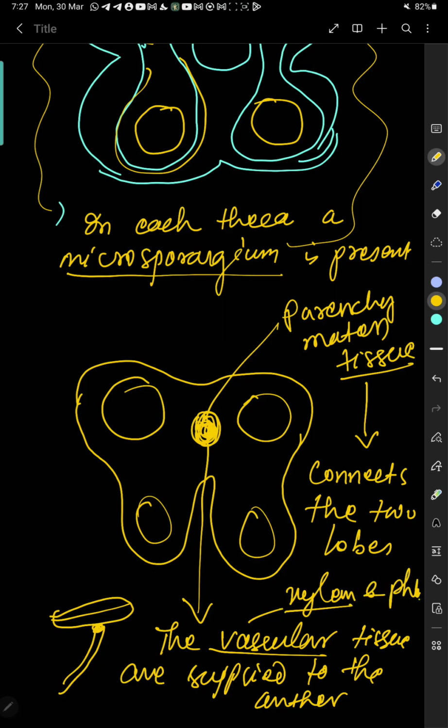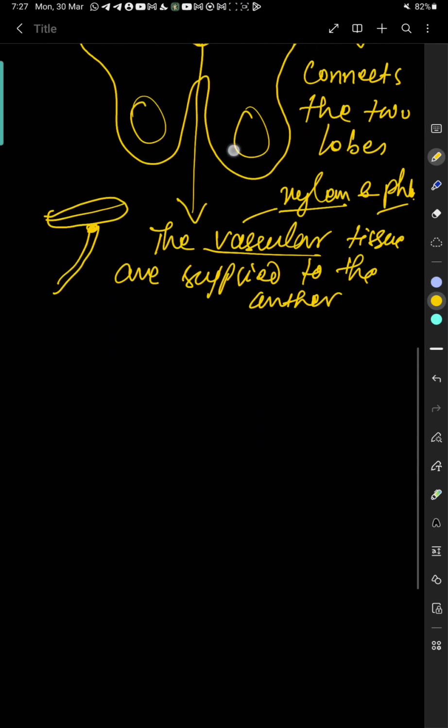So xylem carries water and minerals, and phloem carries the food. So they bring the food, water and minerals for the growth of the cells inside the anther through the connective. So I think it is clear to you. Now let us start today's topic.